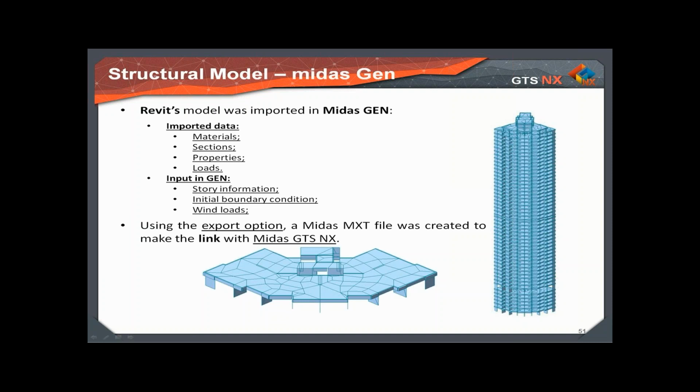The difference was smaller than 5%, which is considered a very good agreement with the structural team. The behavior of the model was approved and then exported to MIDAS GTS NX to start the foundation process. Let's go back to MIDAS Gen to show how to export.